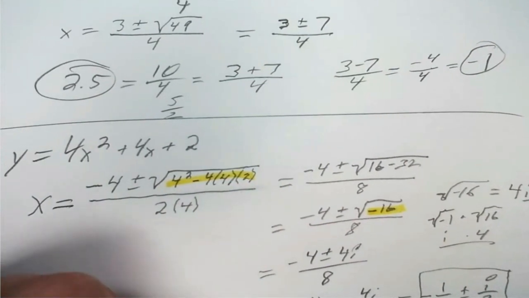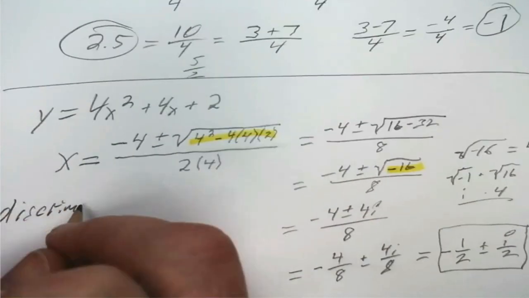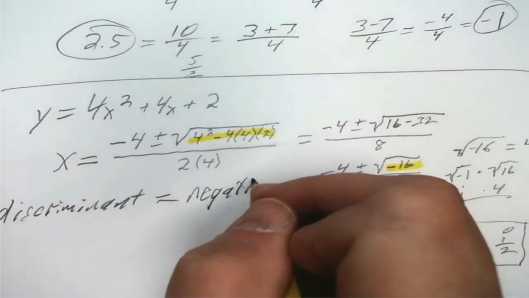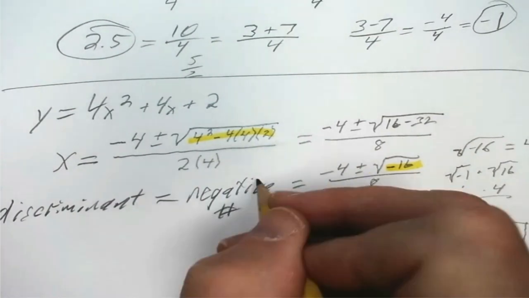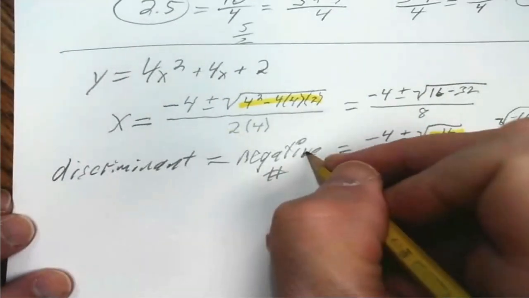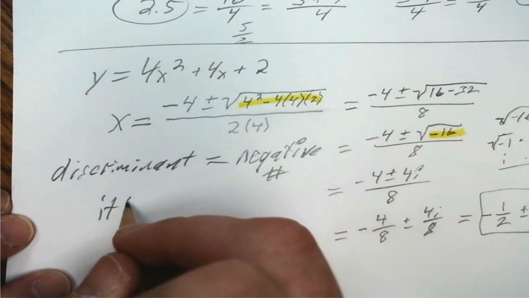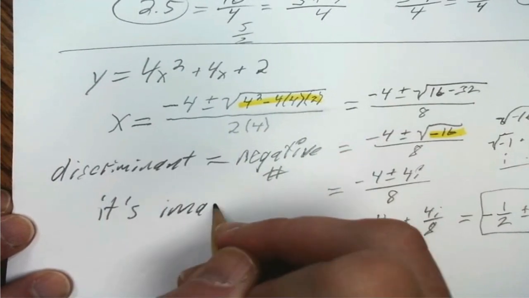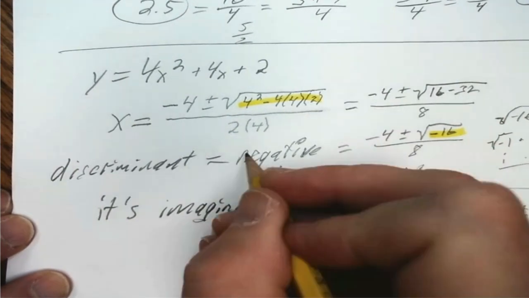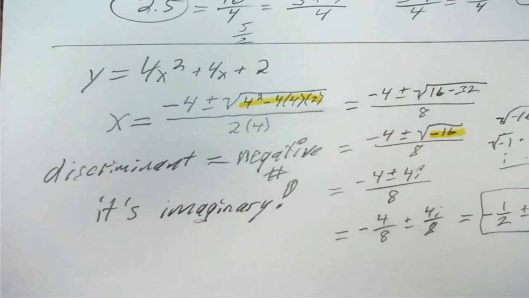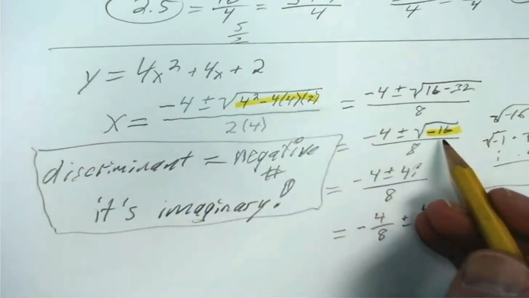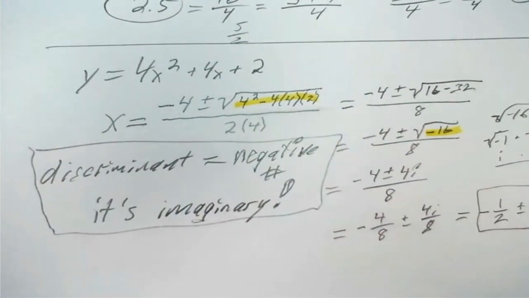If the discriminant equals a negative number, that means the solutions are imaginary. i is going to be in your solution. So you know right off that you could have imaginary solutions. If you just look at the discriminant portion, you could just do the b squared minus 4ac and figure out right away, am I going to have imaginary solutions?